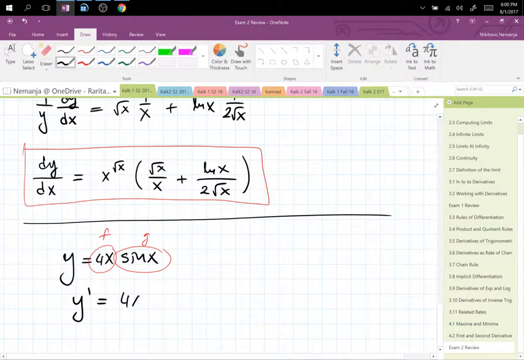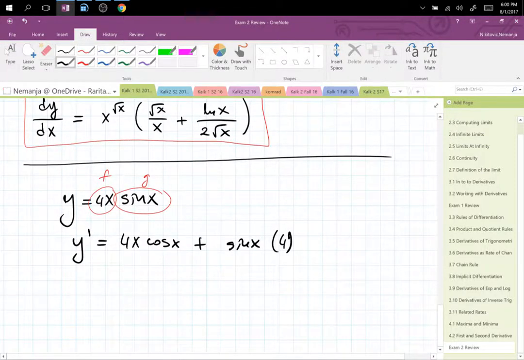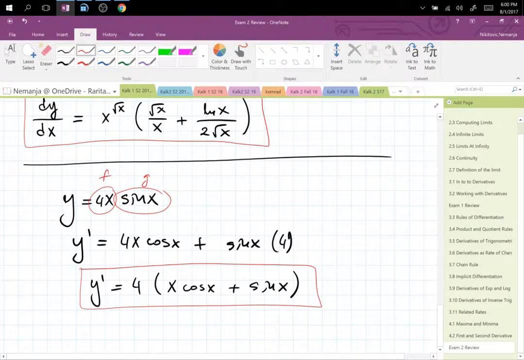So copy the first, derivative of the second, plus copy the second times derivative of the first. The only thing we can kick out is 4. And we have x cosine x plus sine x. Bueno? So that was the product rule.